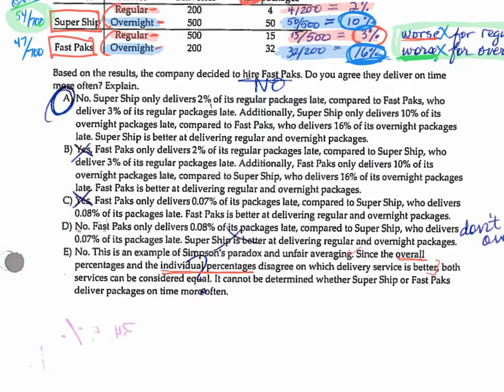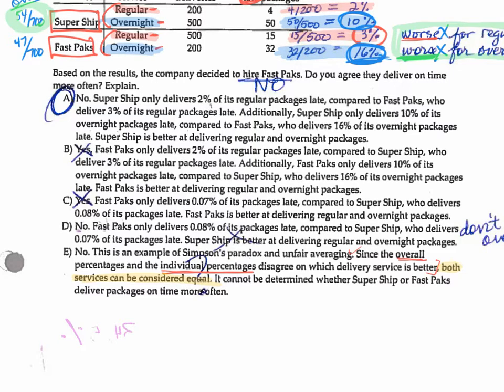Okay, so that's true. Now, this is what I don't like. This is where it starts getting weird. It says both services can be considered equal. No. That says since one's worse one way and one's worse the other way, both of them can be considered equal.